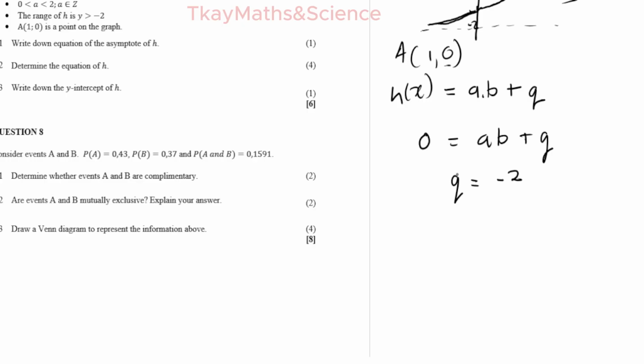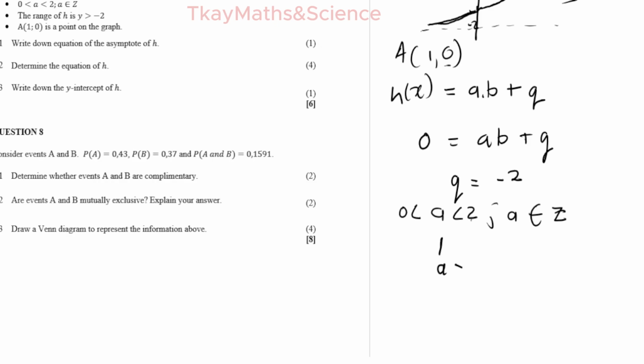All right. Now we've been given the conditions for A: 0 is less than A, less than 2, and A is an element of the integers. So it's greater than 0 but less than 2. The only integer between these two numbers is 1.